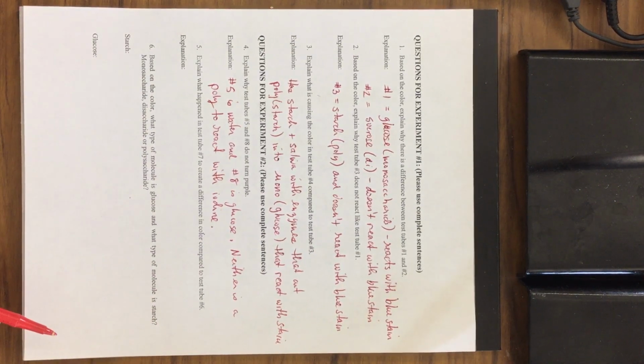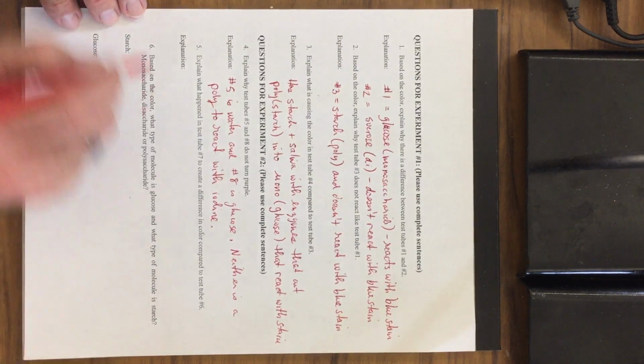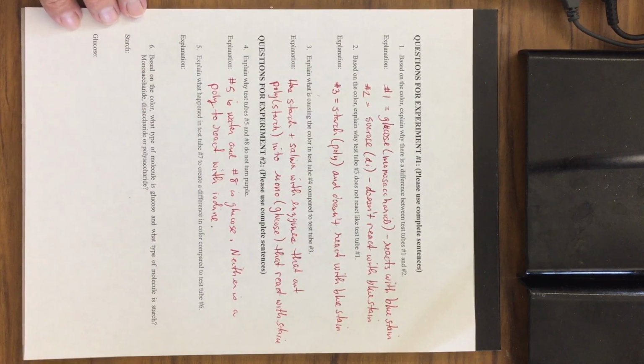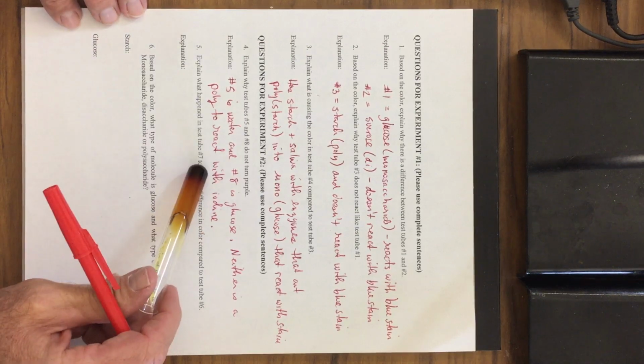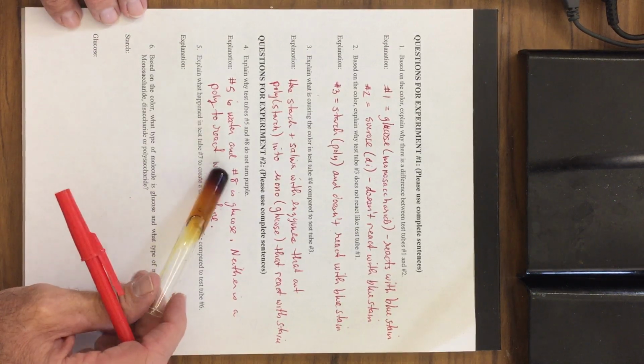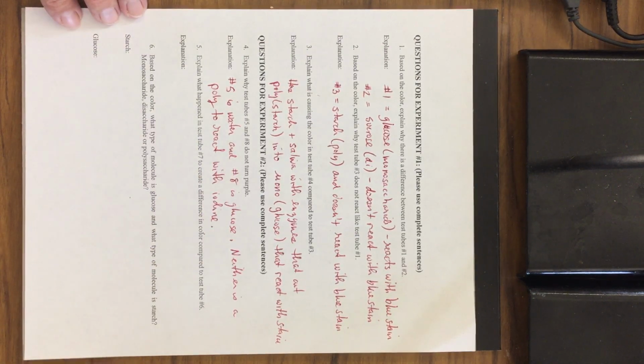Explain what happened to test tube number 7 to create a difference in color compared to test tube number 6. Number 7 had the starch, but also had the saliva. So we would expect, since it has starch, to stain purple. But again, the saliva chopped it up.